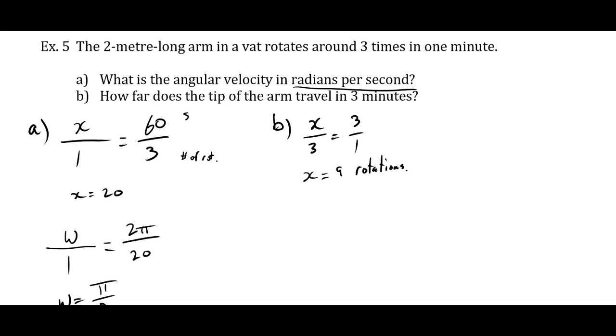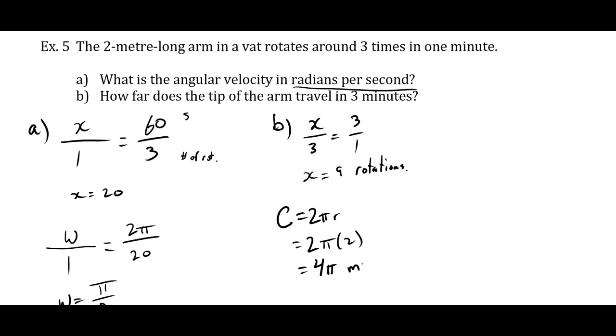So next what I want to do is figure out the distance that it travels once around. That's just the circumference, which is 2 pi times the radius. The radius is 2 meters, so that's 4 pi meters, which is 12 point something, 4 times 3.14. But I'll leave it as 4 pi for now.